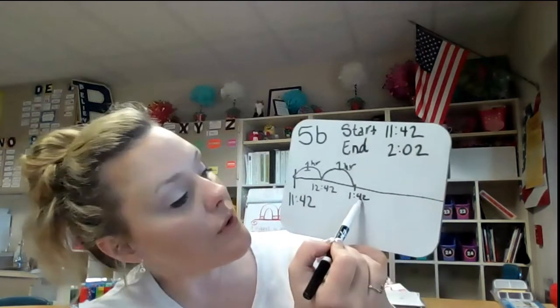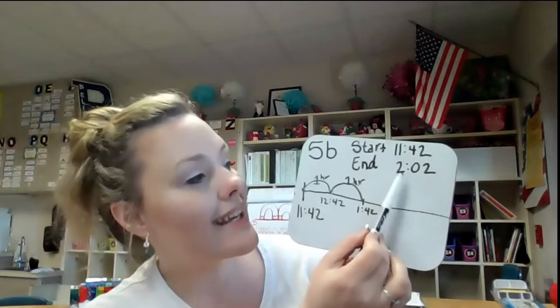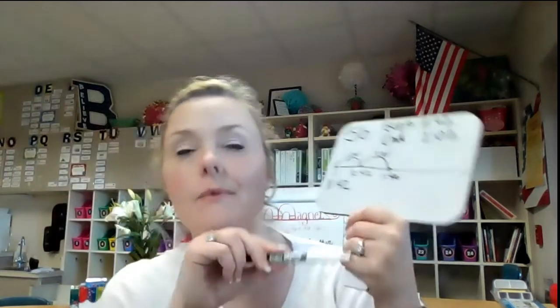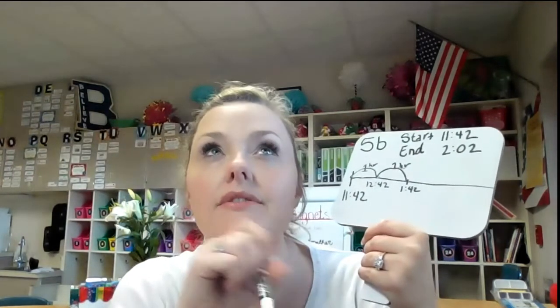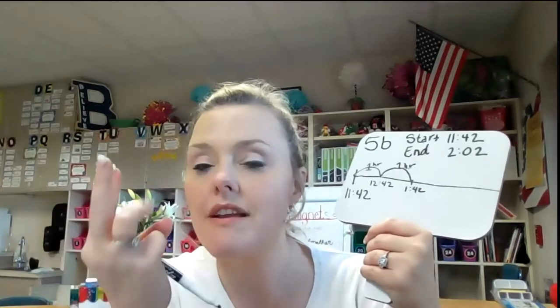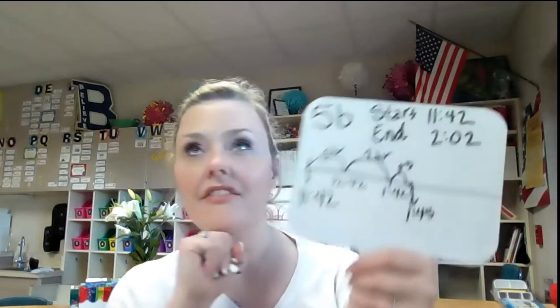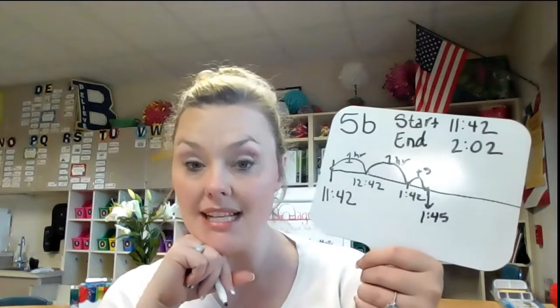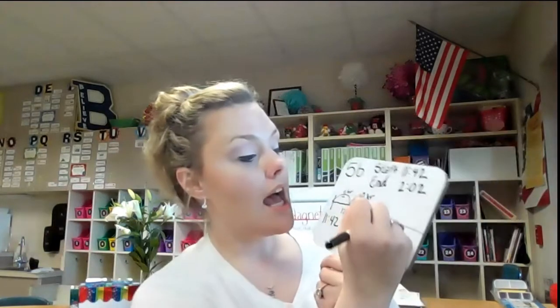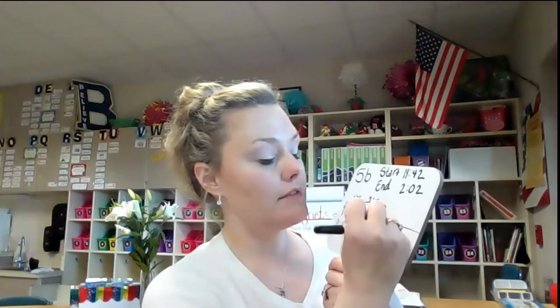And now I've got 42, but I think I want to go ahead and get to that 2 o'clock. So 42, 43, 44, 45. So if I jumped 3 minutes, so plus 3 would get me to that 45. 1:45. And then if I jumped 15 more minutes, which is another quarter of an hour, I would get to 12.